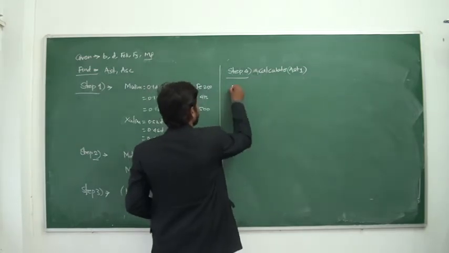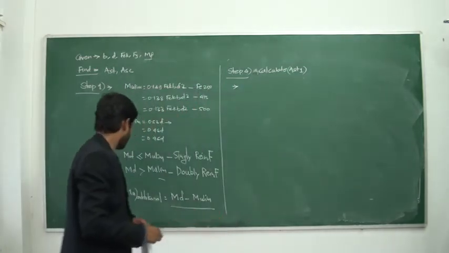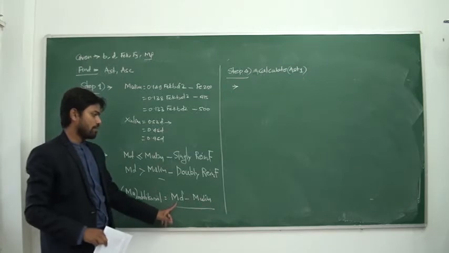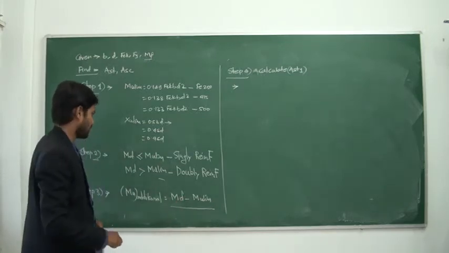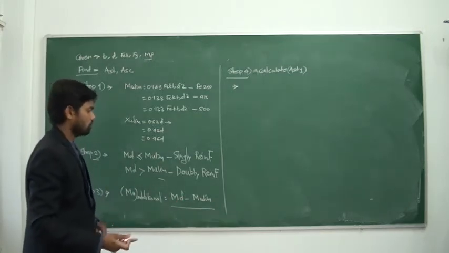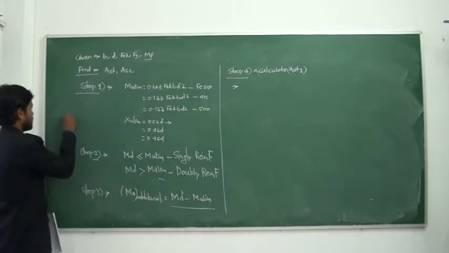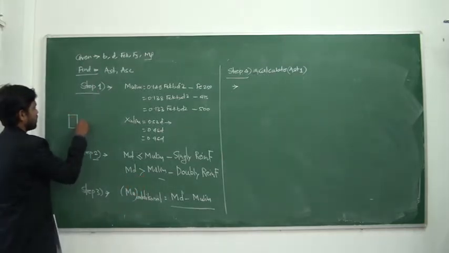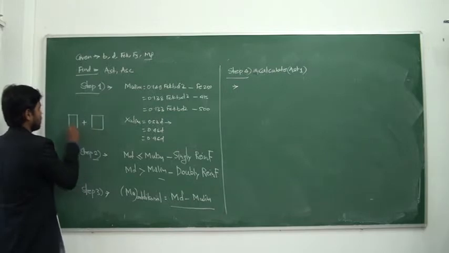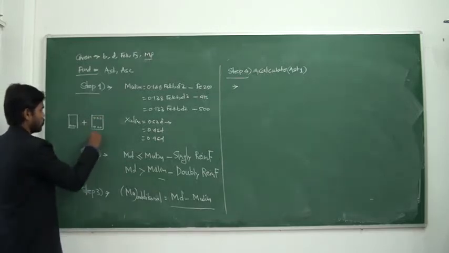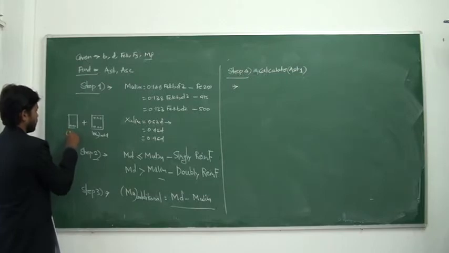How will you calculate Ast1? See, Mu additional is equal to MD minus Mu limit, as we have already seen. The total section will be split into two parts. One is a singly reinforced section, and the second is the section to carry the additional moment. This is your additional moment, and this is the moment resisted by the singly reinforced section, which is your Mu limit.